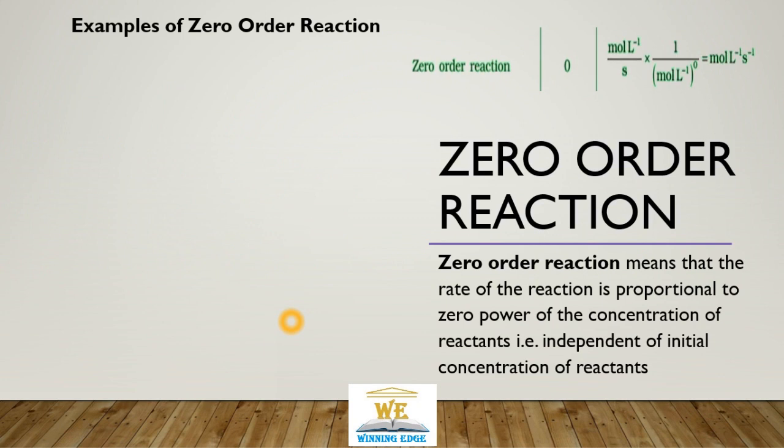First, zero order reaction, which has a reaction constant in mole per liter per second. Zero order reaction means the rate of reaction is proportional to the zero power of the concentration of reactants, that is, independent of the initial concentration of reactants.